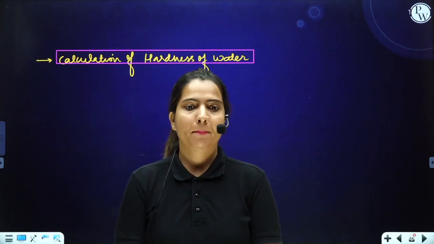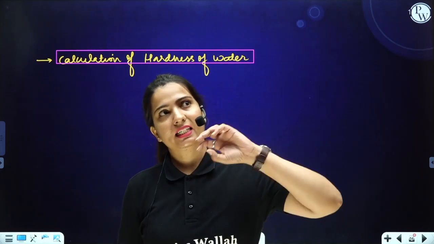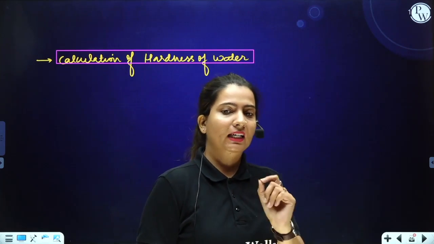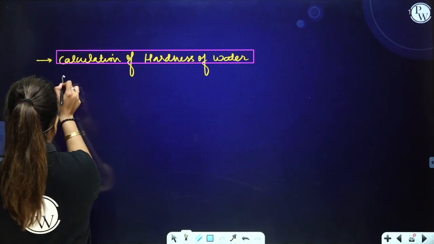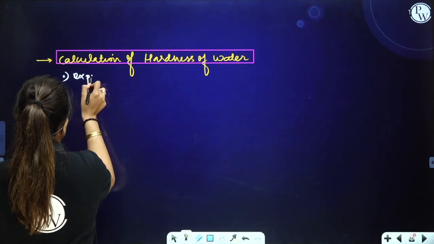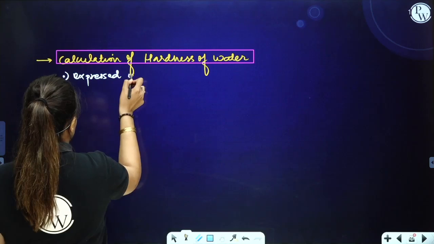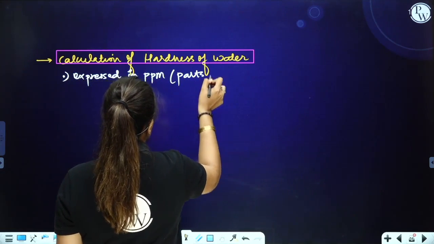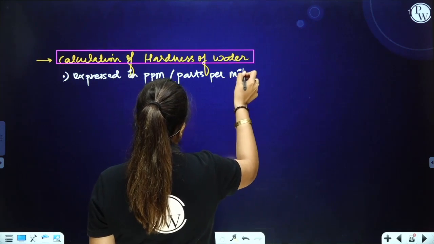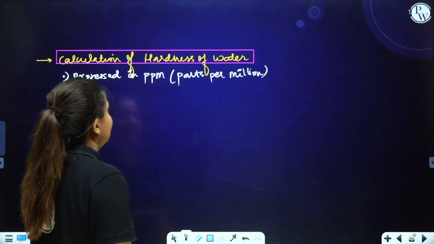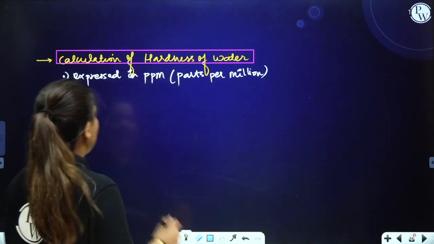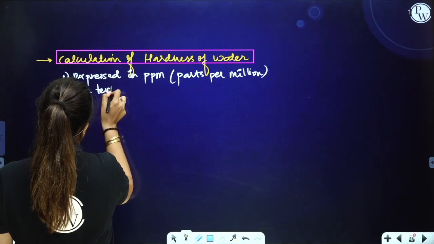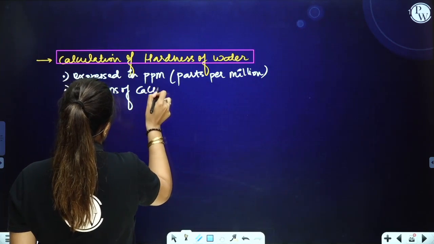Now understand one thing, that hardness of water is first calculated in terms of the unit ppm, parts per million, and it is expressed in terms of a compound known as calcium carbonate.